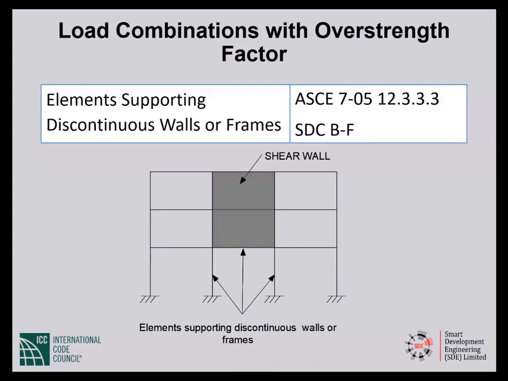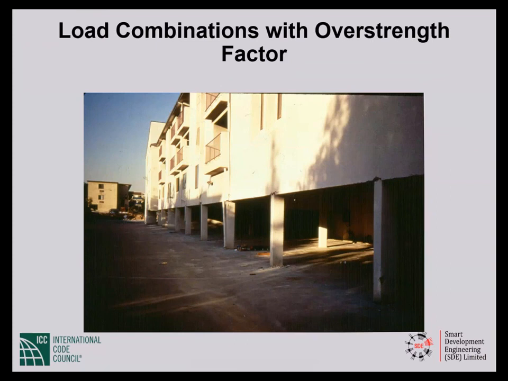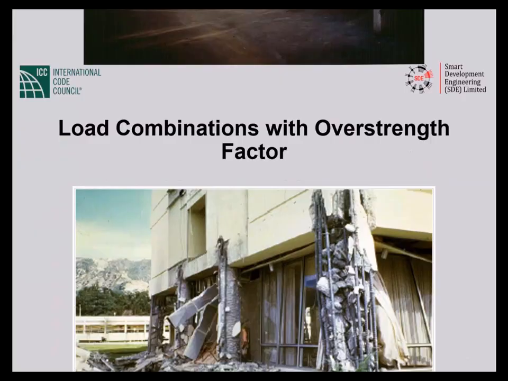And that is a situation where the column supporting the discontinued shear walls must be designed using load combinations with overstrength factor. So this is a huge area that we will likely discuss more than once, but those columns are a prime candidate for design using load combinations with overstrength factor.